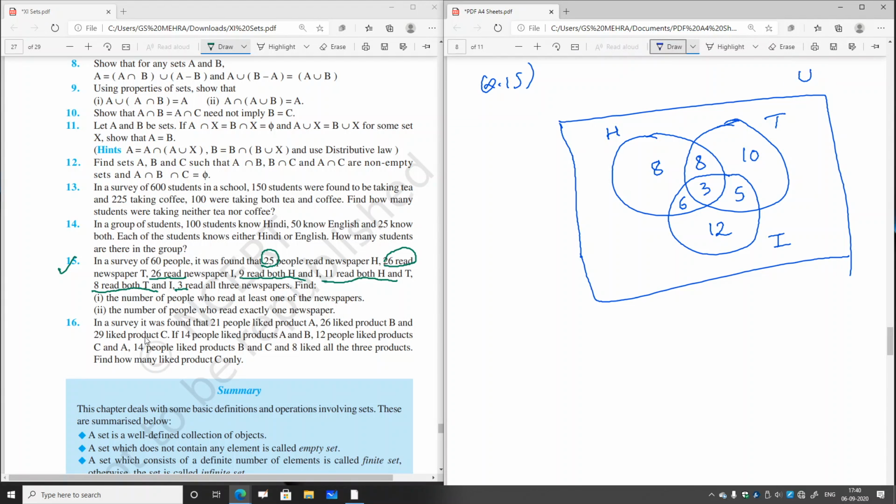Now we can easily solve the first and second parts. What is the first part? The number of people who read at least one of the newspapers. That means we have to find all those people who are reading either one newspaper, or two newspapers, or all three newspapers.